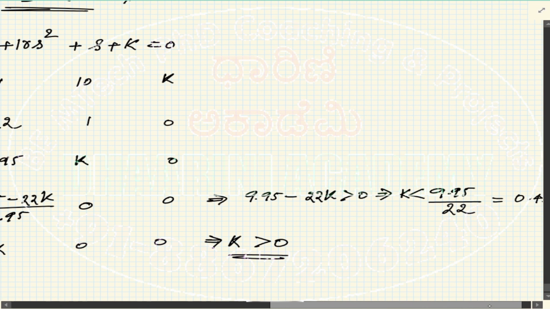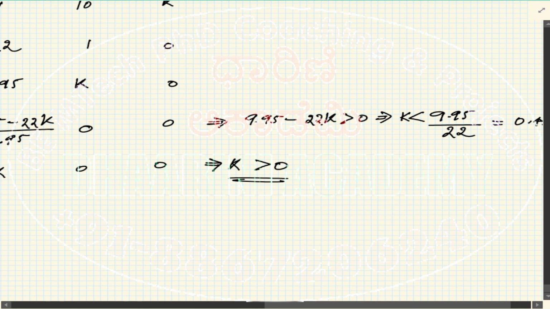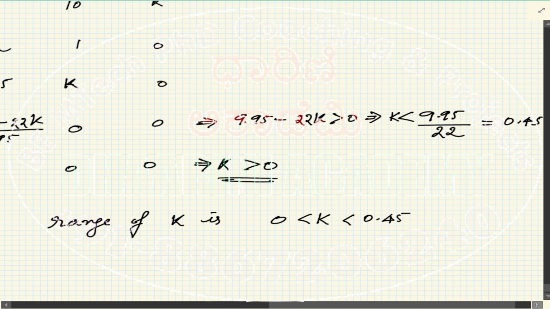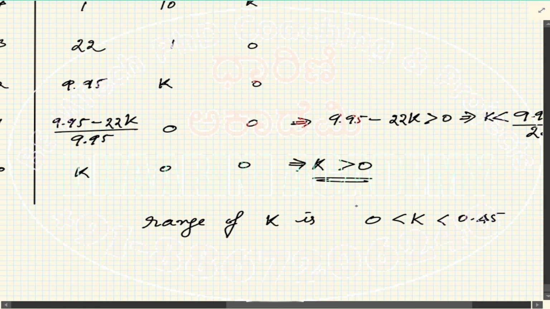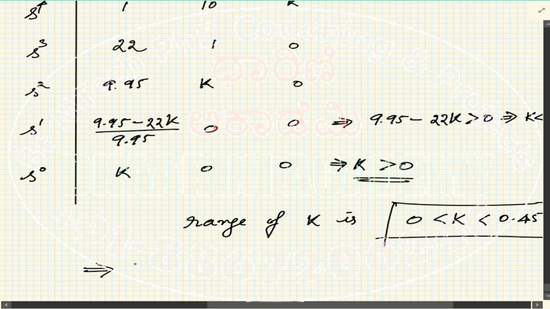So now we can directly write the range of k for which the system is stable: 0 less than k less than 0.45. So this gives the marginal value. k marginal is nothing but 0.45.